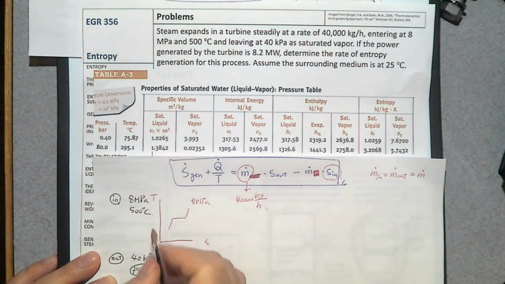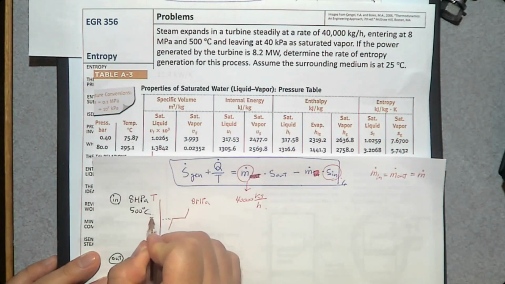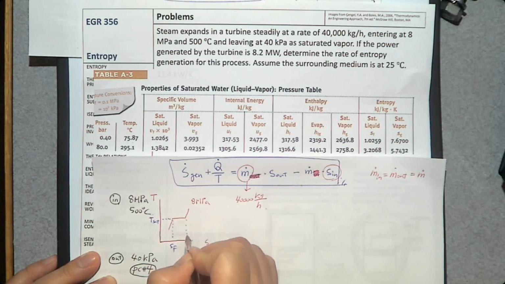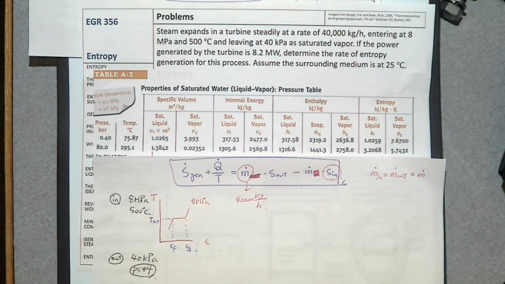To complete this T-S diagram, we need to know T sat, Sf, Sg. So where can we find T sat, Sf, Sg at 8 megapascal? You see this 80 here. The unit is bar. 1 bar is 100 kilopascal, in other words, 1 bar is 0.1 megapascal. So 8 megapascal is 80 bar.